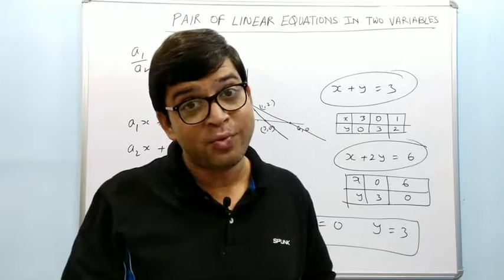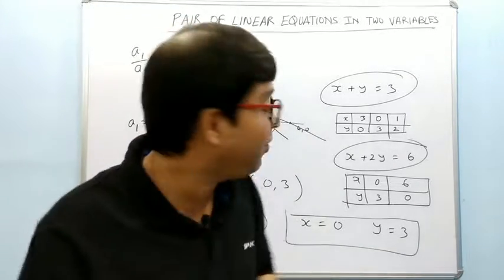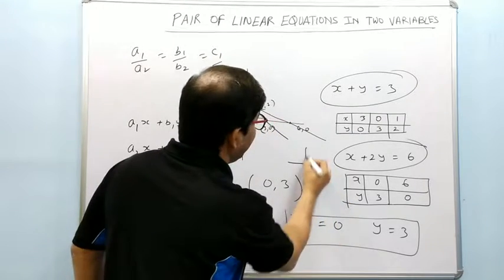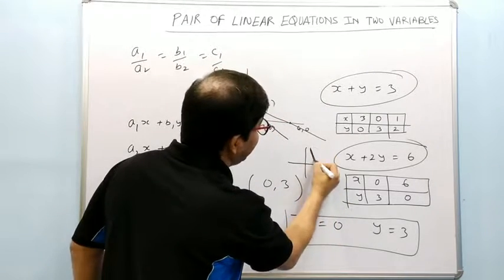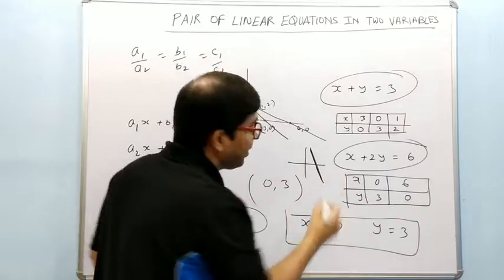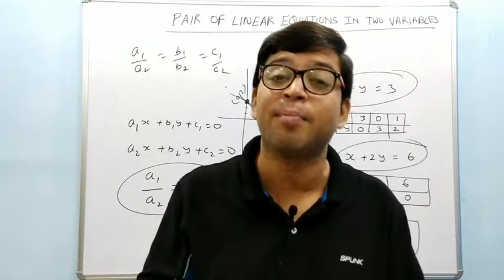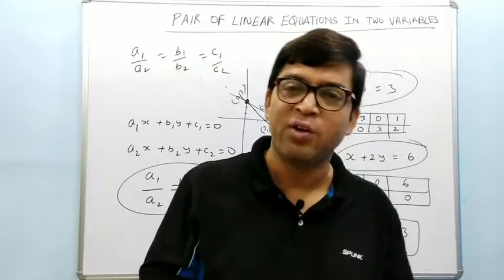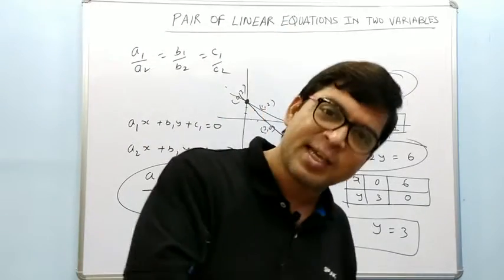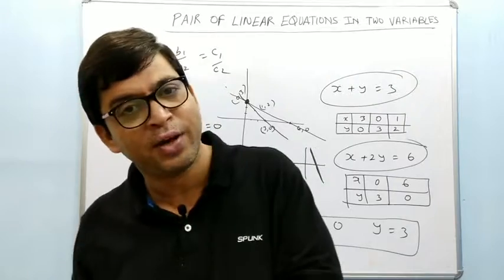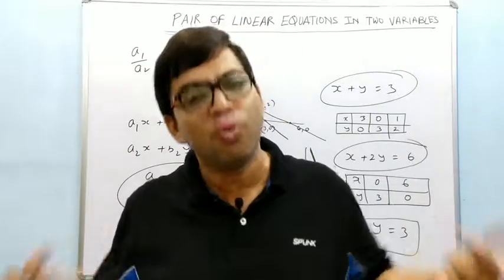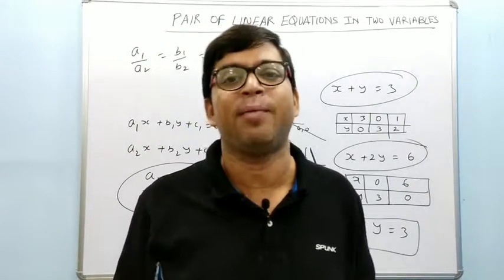You know when this will happen? This will happen when the lines are coincident. Like that, a line is like this and another line is like this, overlapping, coincident lines. So the solutions will be infinitely many. x can have one value, y can have one value, again x can have one value, y can have another value. So many values of x, so many values of y, infinitely many solutions.